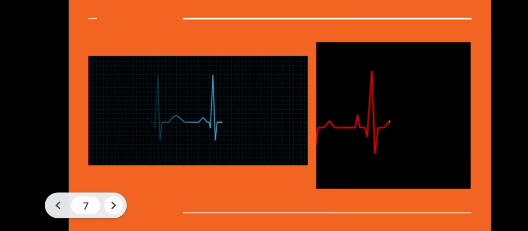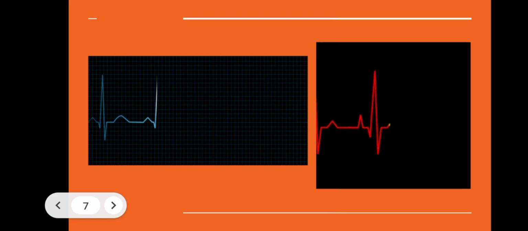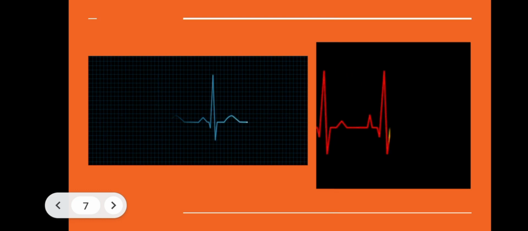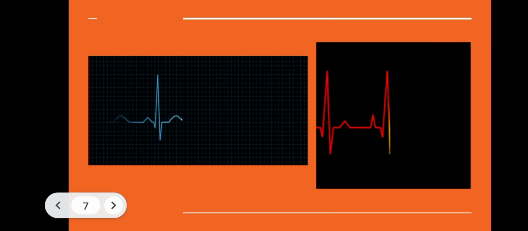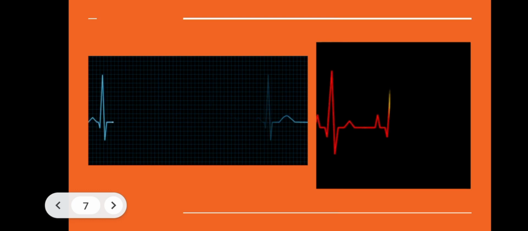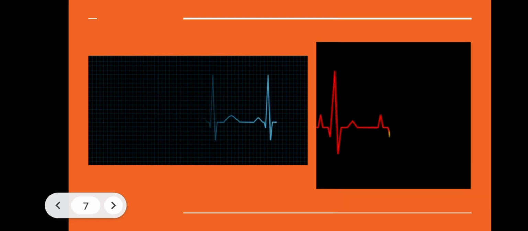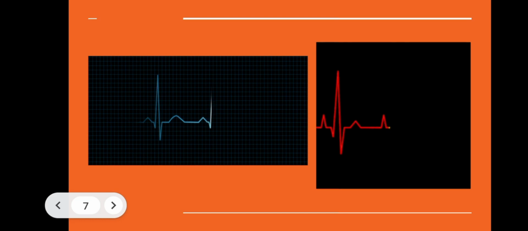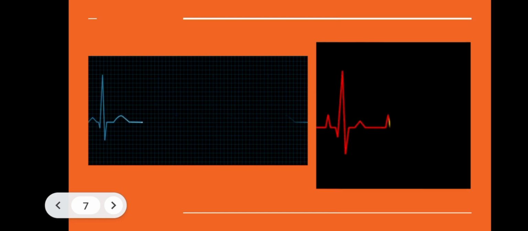And your QRS, in which your ventricles contract, is not more than 0.12 seconds. And for your T wave, in which your ventricles recover, that's around 0.16 seconds.